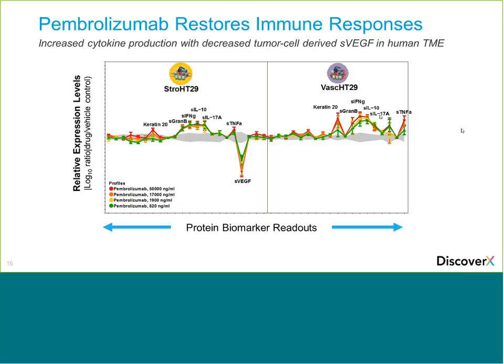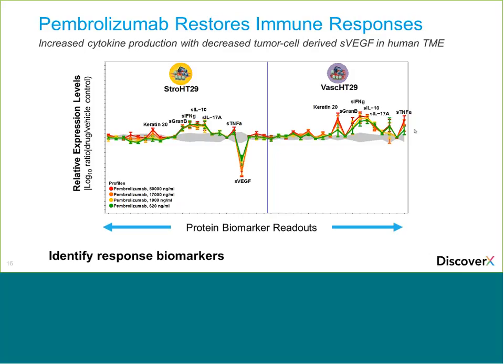In addition, because all of the cells inside the system are human cells, we also have the potential to identify response biomarkers, or predictive response biomarkers, that may have a translational impact once these drugs move into the clinic, to identify patients that might be responding appropriately to these drug molecules.